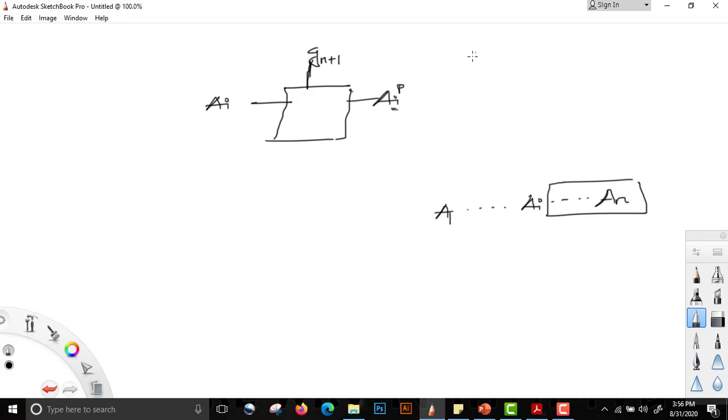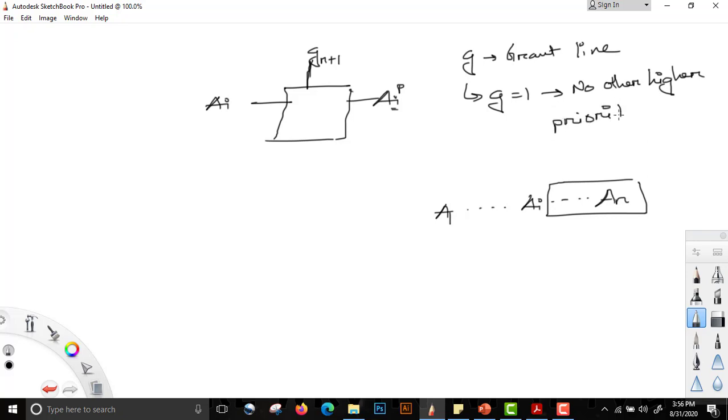This is called the grant line. G is the grant line. The logic of G being, if G is equal to 1, that means no other higher priorities have been asserted.